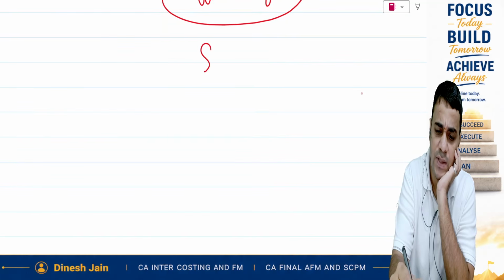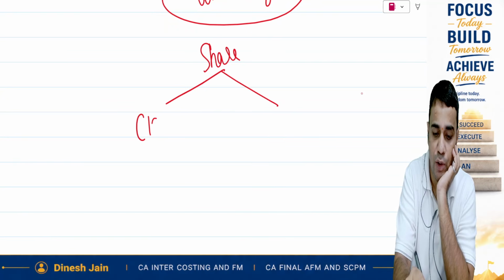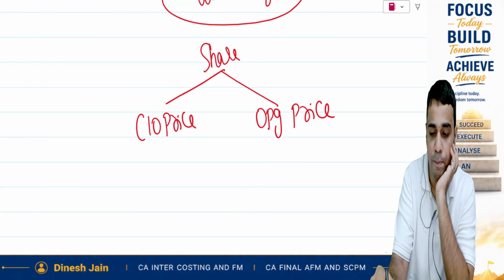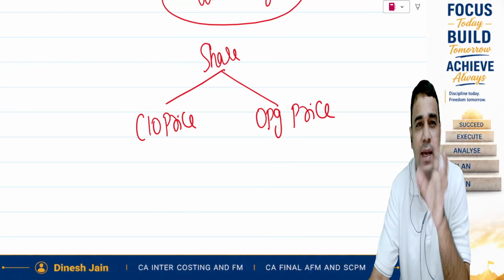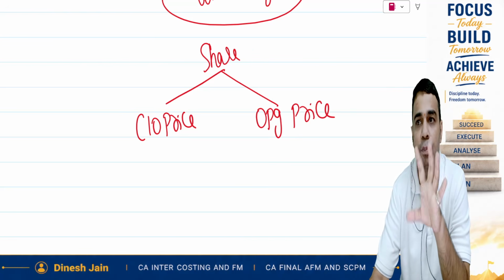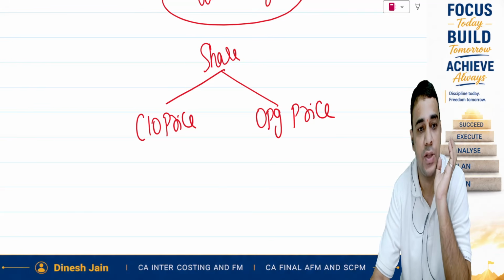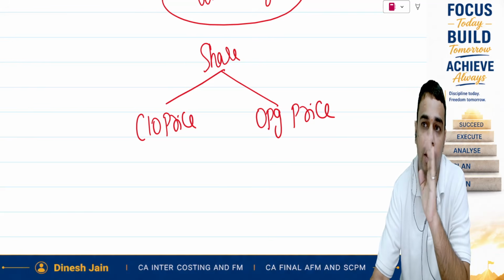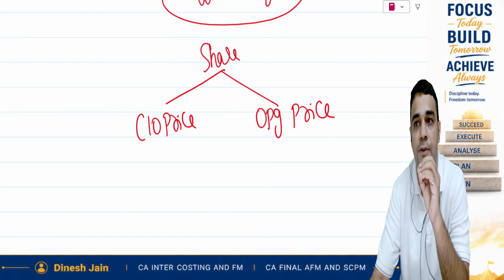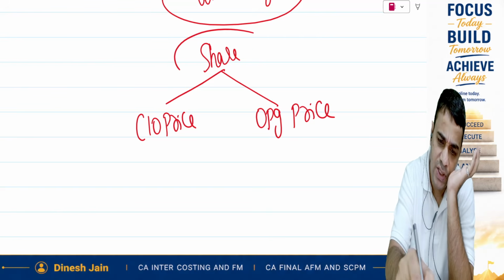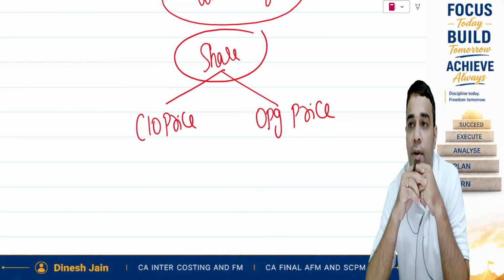When we invest in a share, there is a closing price and an opening price, and the gap between the two is broadly the return you generate out of investing in an equity share. When I invest in a share, do I get any other income?